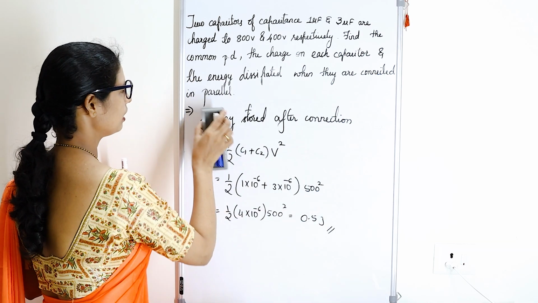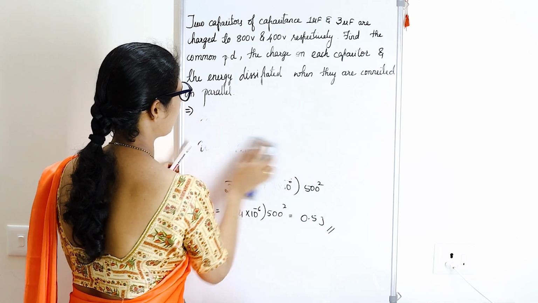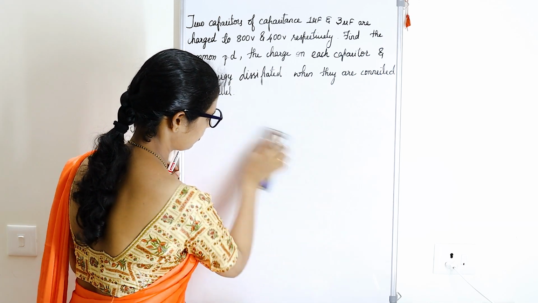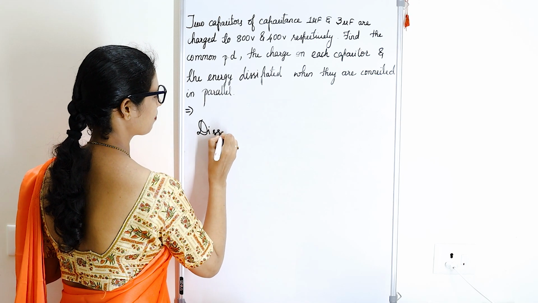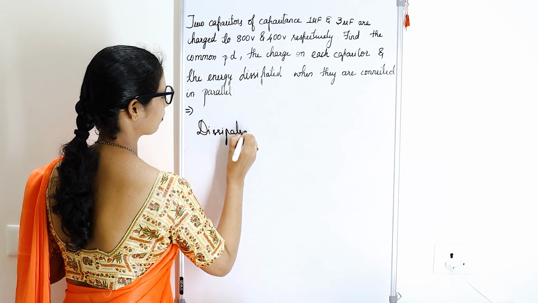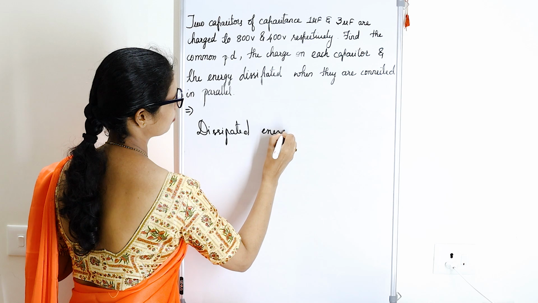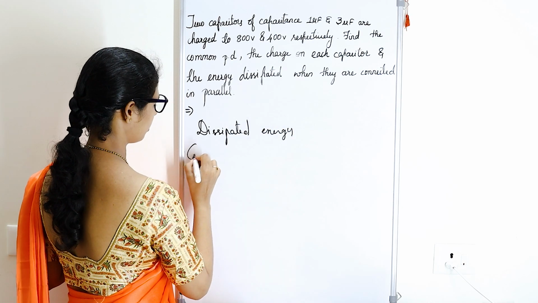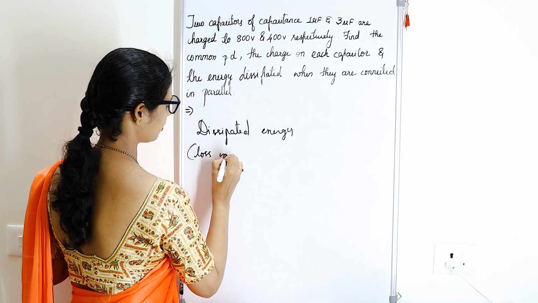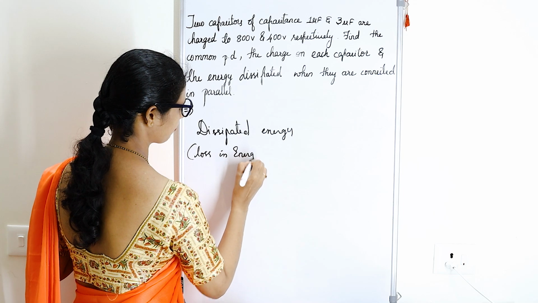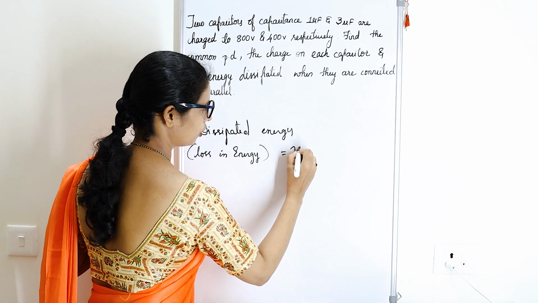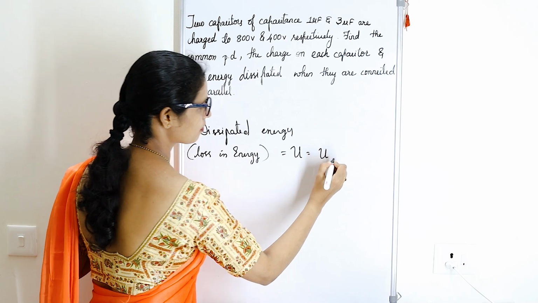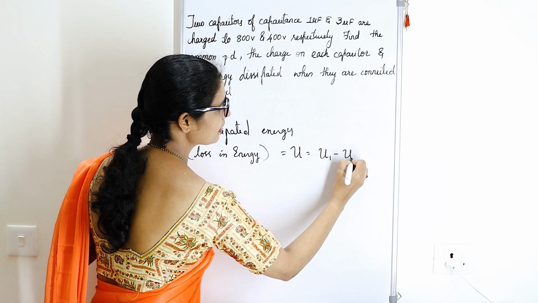Now we'll move to the energy dissipation part. So dissipated energy or loss in energy, U, equals U1 minus U2.